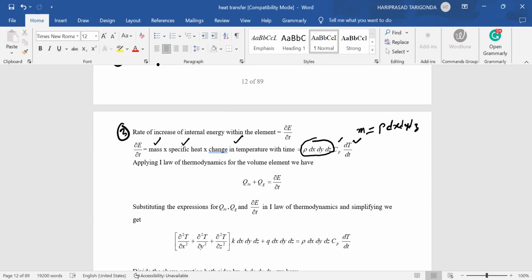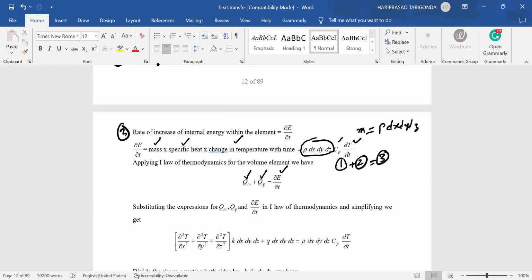Substituting all this now in the first law of thermodynamics, we have 1 plus 2 is equal to 3, as we have seen initially. One is the net heat conducted to the element in all directions, the second term is the internal heat generated, and the third is the increase in energy with time.